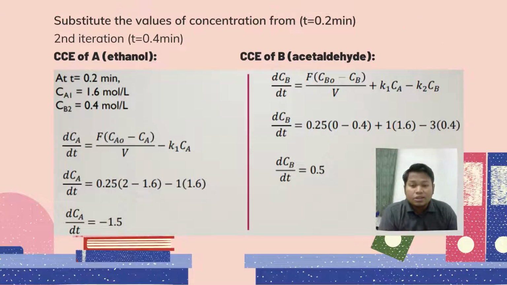For the second iteration, we repeat the same steps, but this time using the concentrations at t of 0.2 minutes to find the rates of change of components A and B at t of 0.4 minutes, where we get negative 1.5 and 0.5 as the rates of change for components A and B respectively.